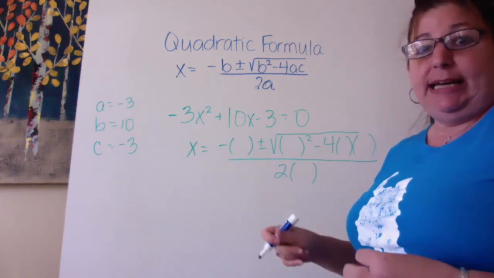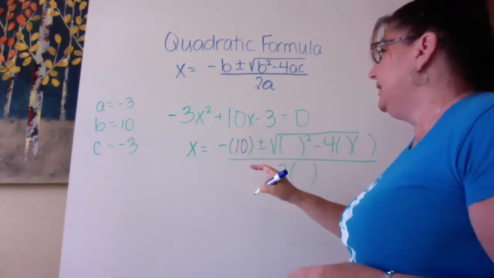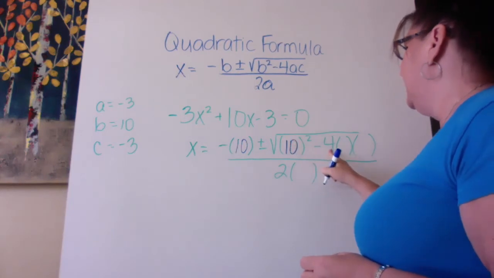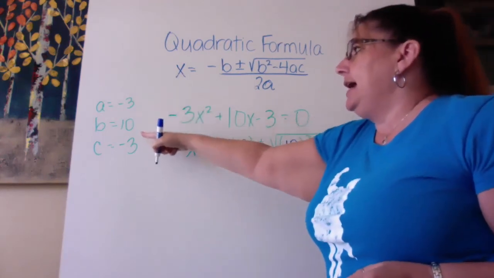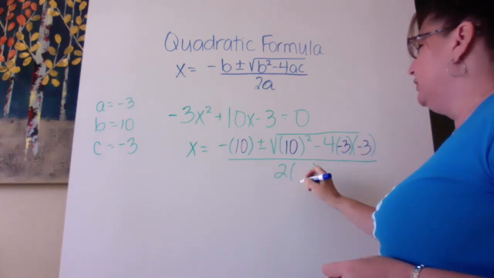So I'm just plugging in now. My b is 10, so the opposite of b plus or minus the square root of b squared minus 4ac over 2a.